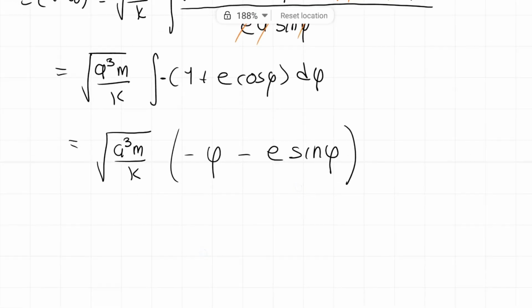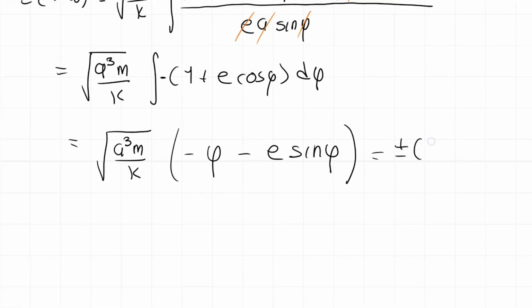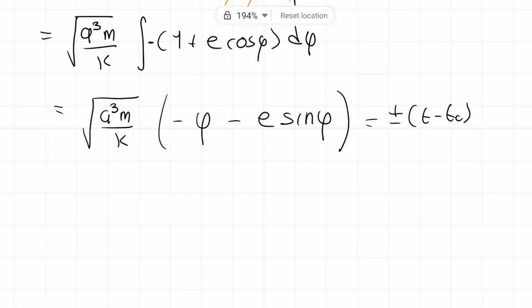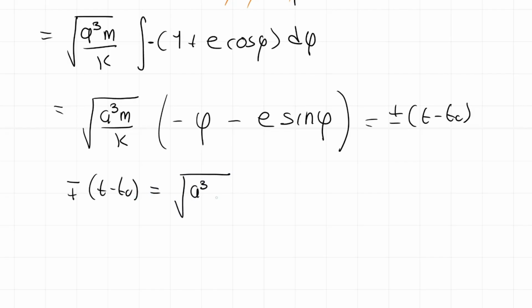Looking at what we had, plus minus t0, we can just see this as negative minus t0 equals the square root of a squared m over k times phi plus e sine phi.